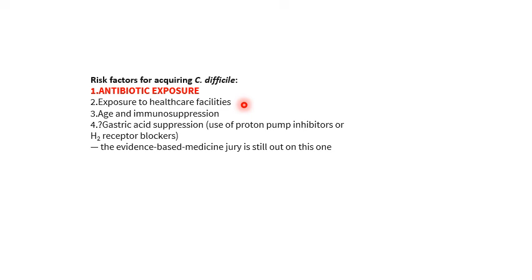Age and immunosuppression. Gastric acid suppression is also a risk factor. Most of the ICU patients will be put on gastric acid suppression because stress will cause hyperacidity. So they will be put on it. But still, there is no complete evidence. Most important is your antibiotic exposure.